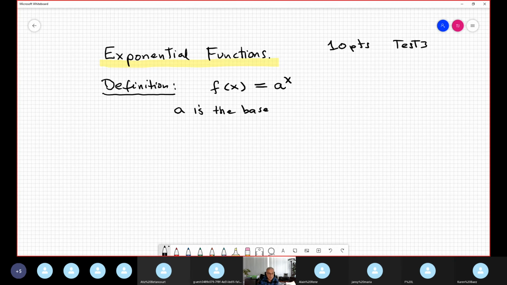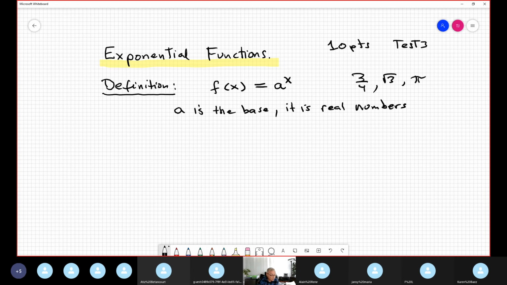The base is in general a real number, but not an arbitrary real number. So it's possible that the base is a fraction maybe, or maybe an irrational number, or another real number.